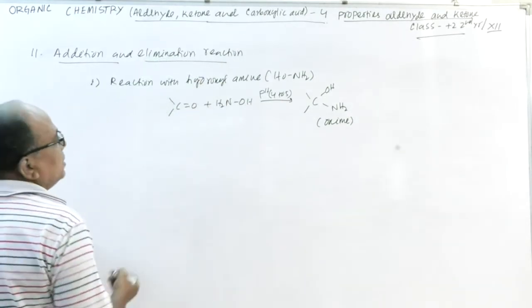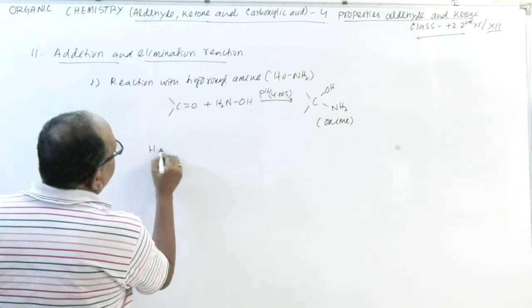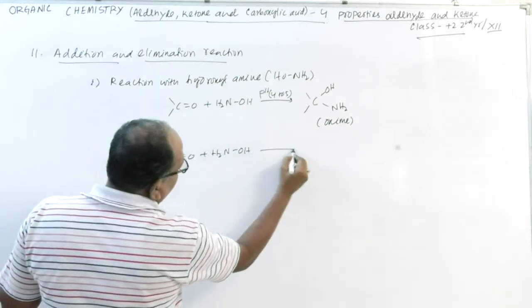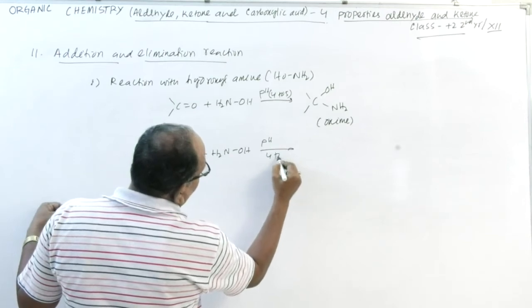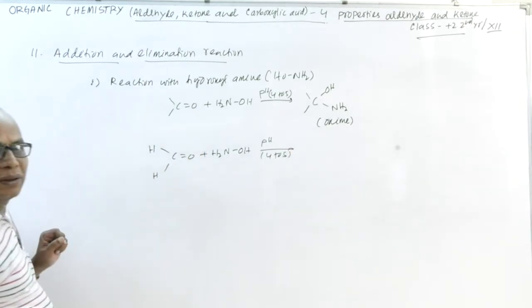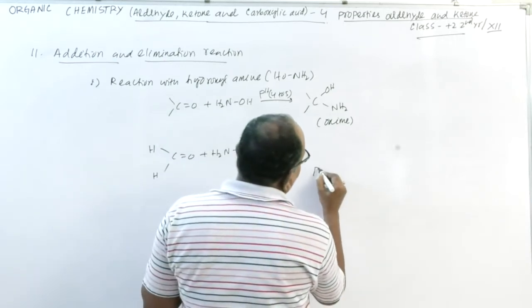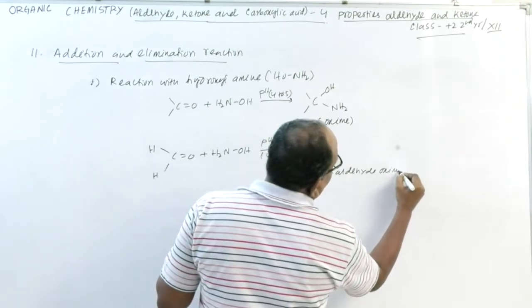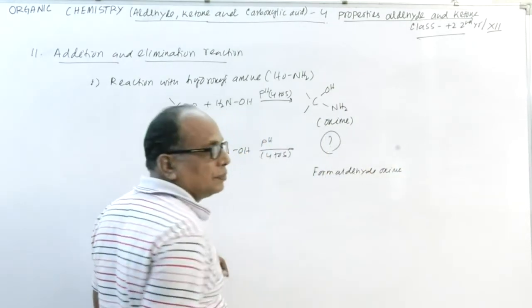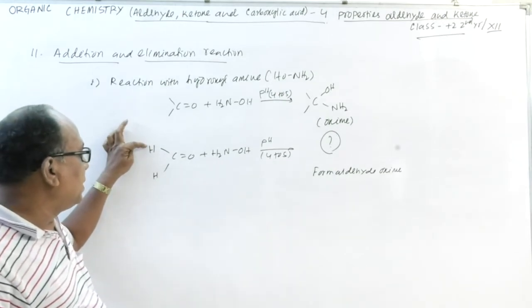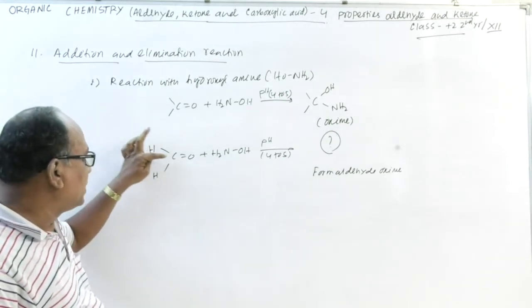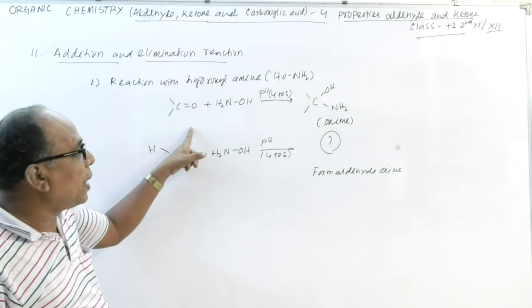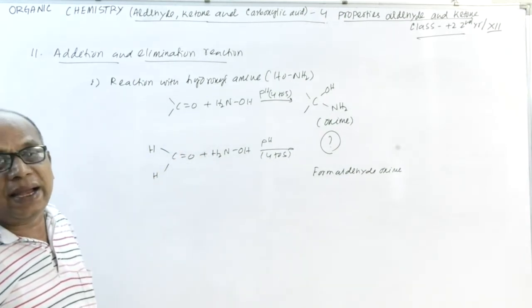You can write, if you take formaldehyde plus hydroxylamine at pH 4 to 5, the product is formaldehyde oxime, CH2 double bond NOH.